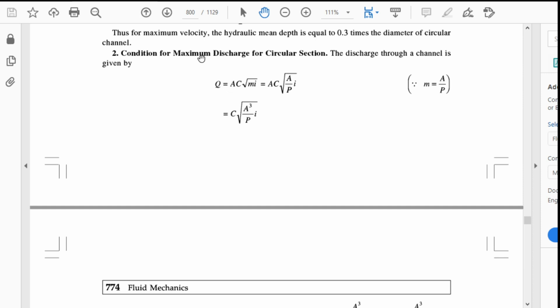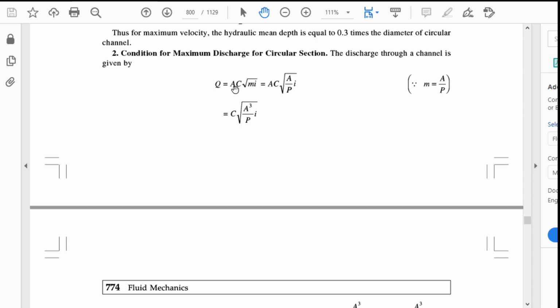In the previous one we took the expression for velocity, v equals C root mi. Here we have to multiply that velocity by area. That means Q equals A C root mi.